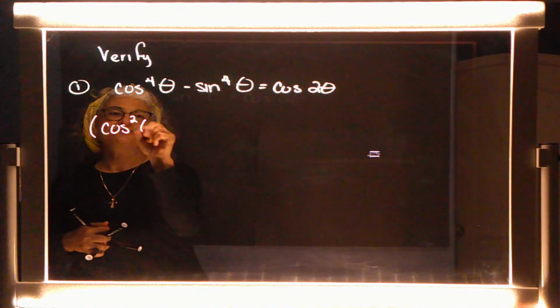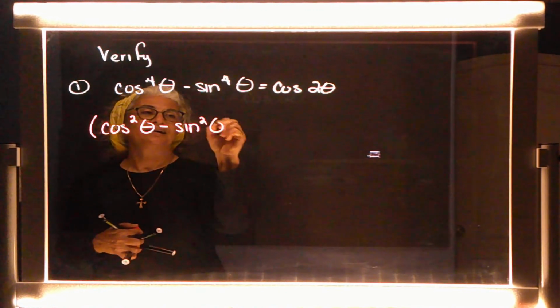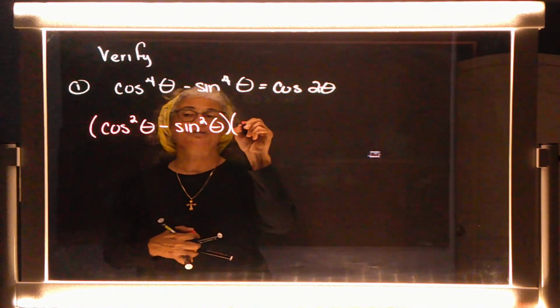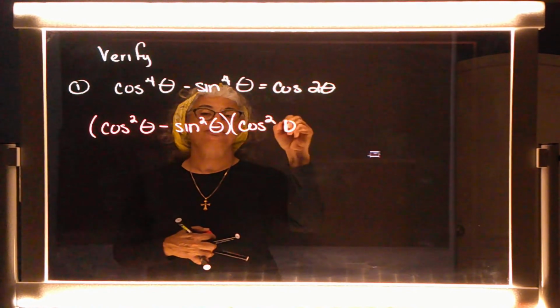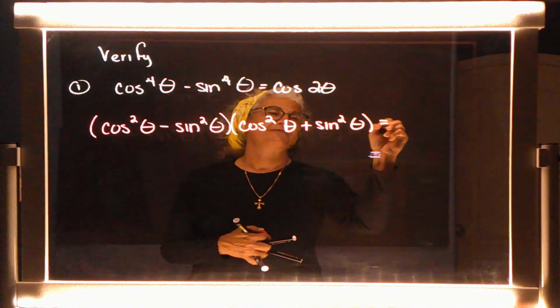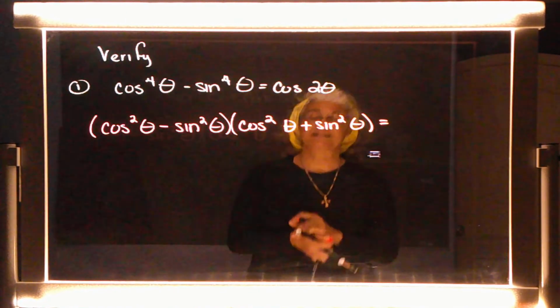Since it's a difference of squares, I have one parenthesis with cosine squared minus sine squared, and I have the other parenthesis with cosine squared plus sine squared. And yes, a theta. I get a little lazy like you, and I forget to say my theta.